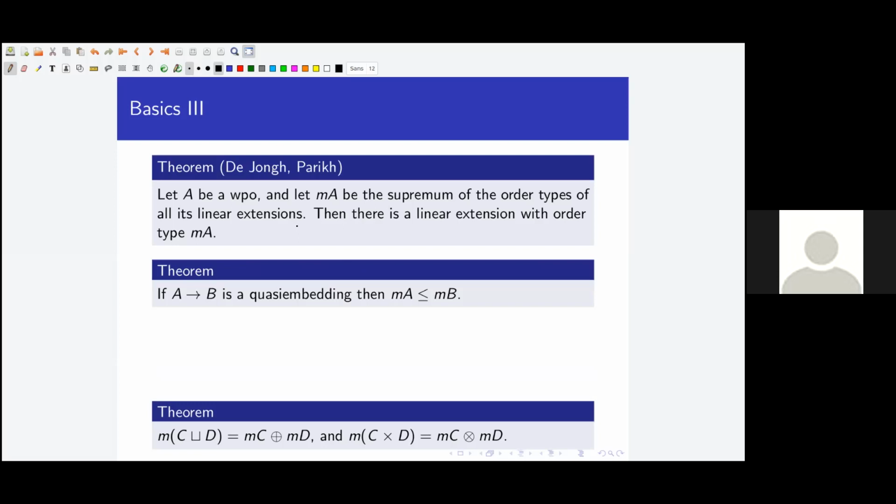And if you look at the set of all order types of linear extensions, that's a set of ordinals. So it has a supremum.